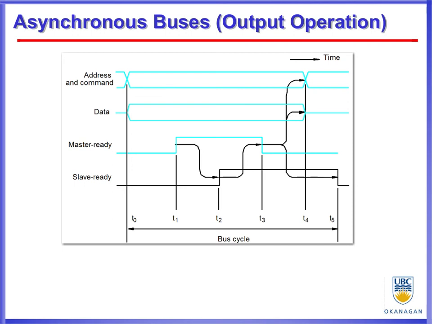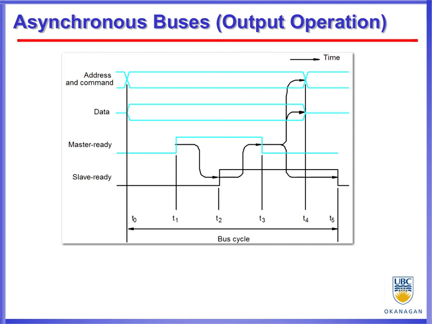It's more or less the same, except in this case, when the processor puts the address and command information on the bus, that address is telling the device, hey, this is where you're going to store the data I'm going to send you, and the command information would be, well, this is a write, not a read. So I'm giving you data, I'm not reading data from you, okay? The difference here is at the same time, the master is going to put that data on the data bus, because it's writing it to the main memory unit, okay?